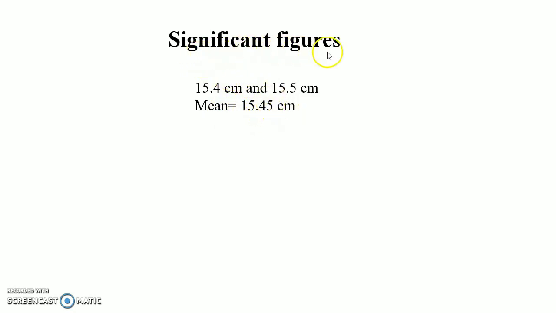So significant figures are the figures which are there when the reading was taken. So over here there are 1, 2 and 3 figures. So in this readings there are 3 significant figures. Even if the mean comes out to be as 4 figures, 1, 2, 3, 4, still the significant figures out of these are only the first 3 figures.